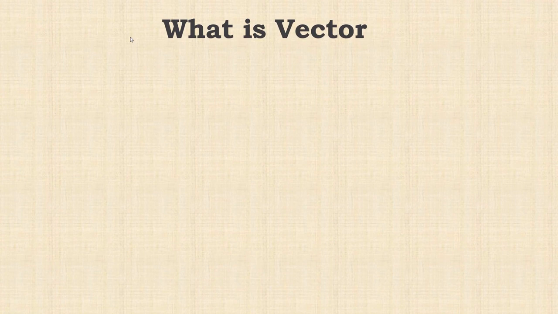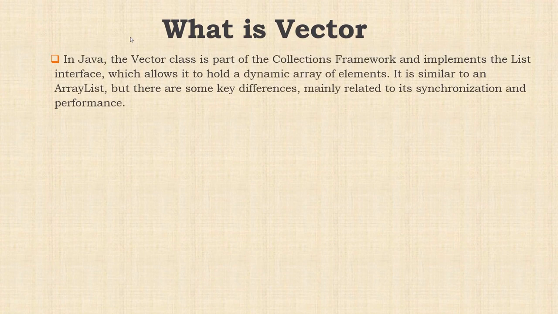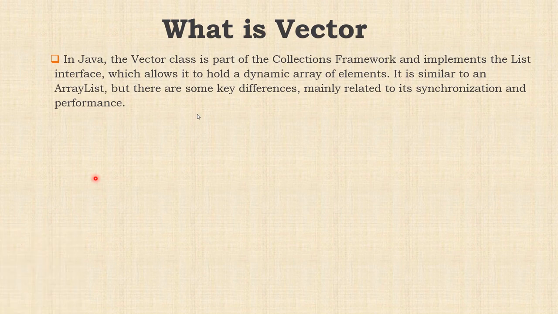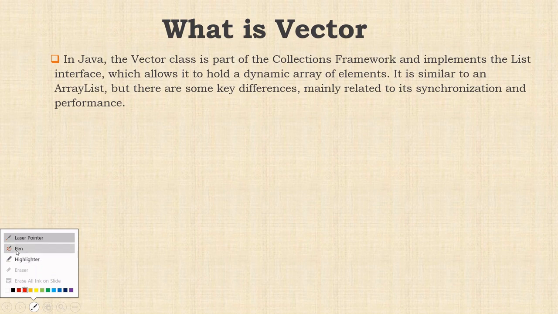Firstly we are going to touch on what is vector. In Java, the Vector class is part of the collections framework and implements the List interface. You know the hierarchy of the collections framework: you'll get the list, the set, and the map.